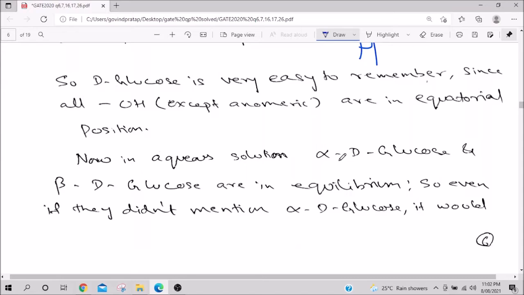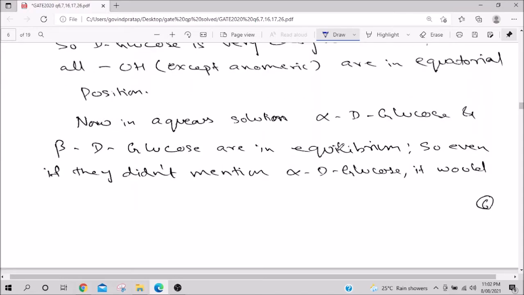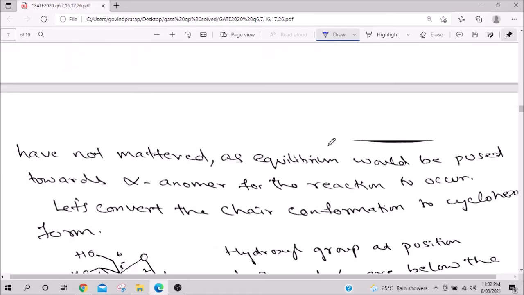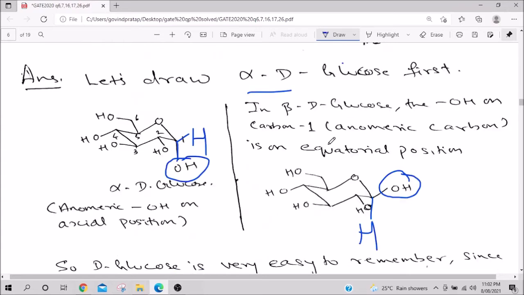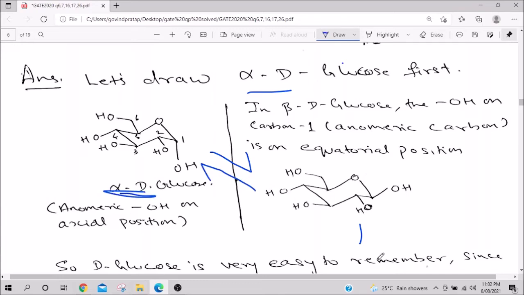As soon as you put it in solution, that too acidic solution, anomerization will happen immediately, and alpha and beta glucose start staying in equilibrium. That means some amount of alpha is there, some amount of beta is there, depending on condition their proportion may change, or both will be there.